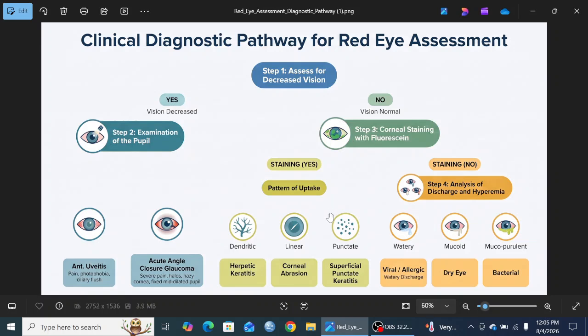Whether you are an MBBS student preparing for your professional exam, a postgraduate resident preparing for FCPS, MCPS, FRCS, or a general practitioner working in your clinic, my goal is that after today's lecture, whenever you see a patient with a red eye, you will immediately know what questions to ask, what examination to perform, what diagnosis to suspect, and whether that patient can safely be managed in your clinic or needs urgent referral.